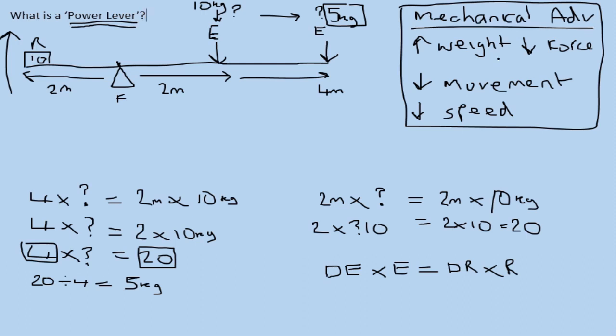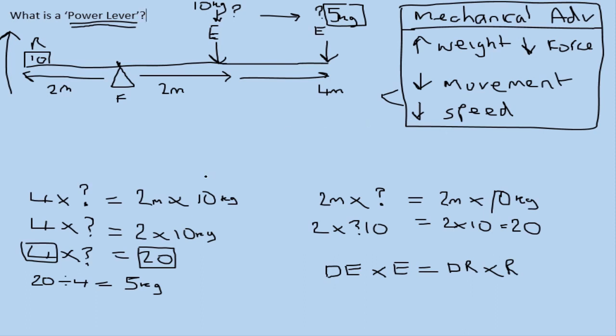So we use things like tweezers, like screwdrivers, like wheelbarrows to help us to manipulate force and provide movement, which will allow us to lift weights that we wouldn't usually do. So that is the function of a power lever. It's basically to move more weight for a minimum amount of force, but at the detriment of movement and speed.